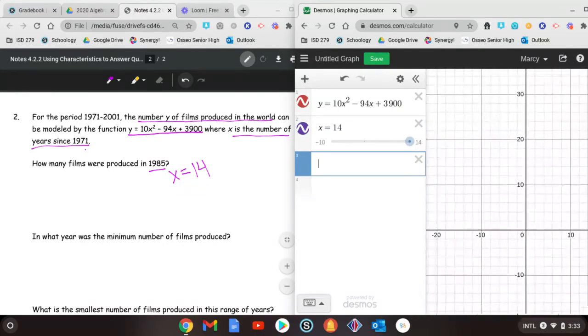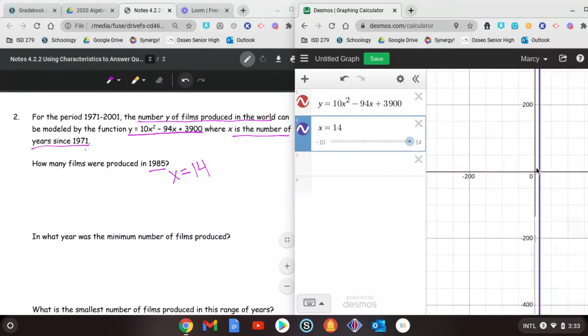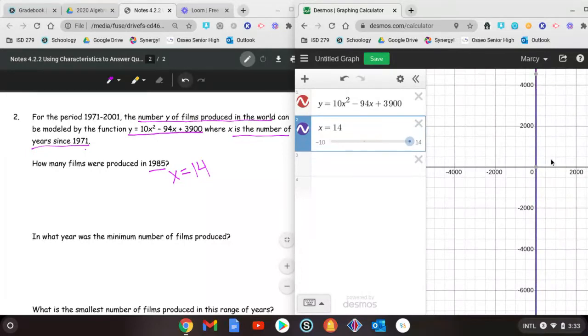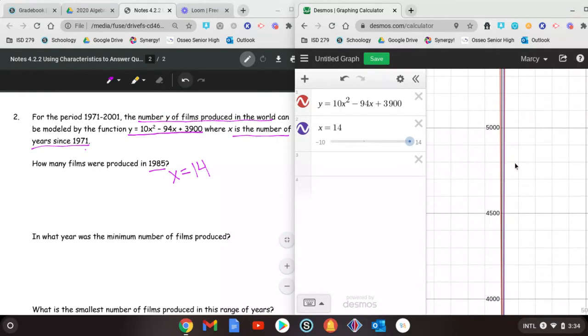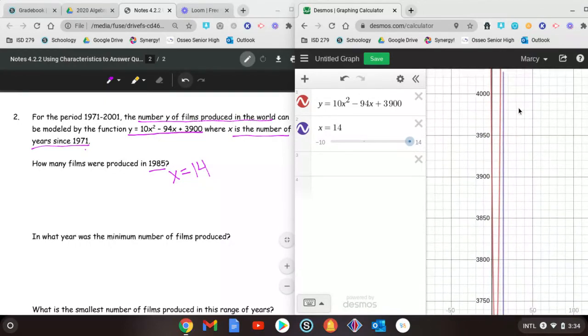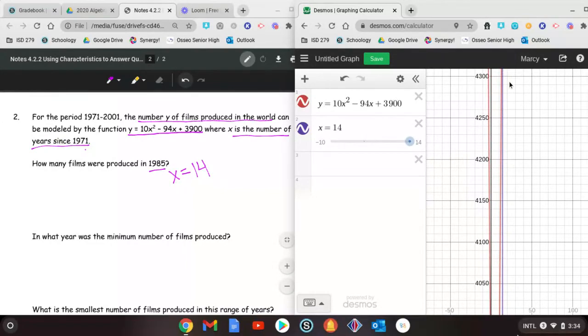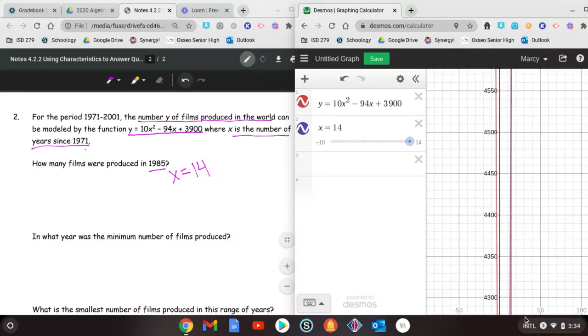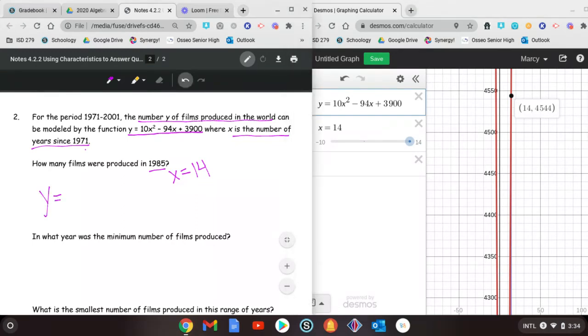Now I see both equations. So how many films were produced? Your Y is 4,544 films.